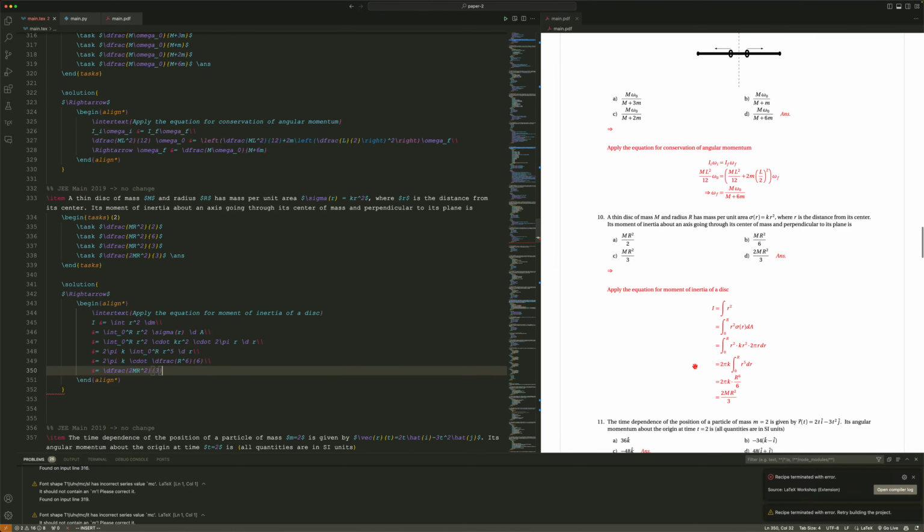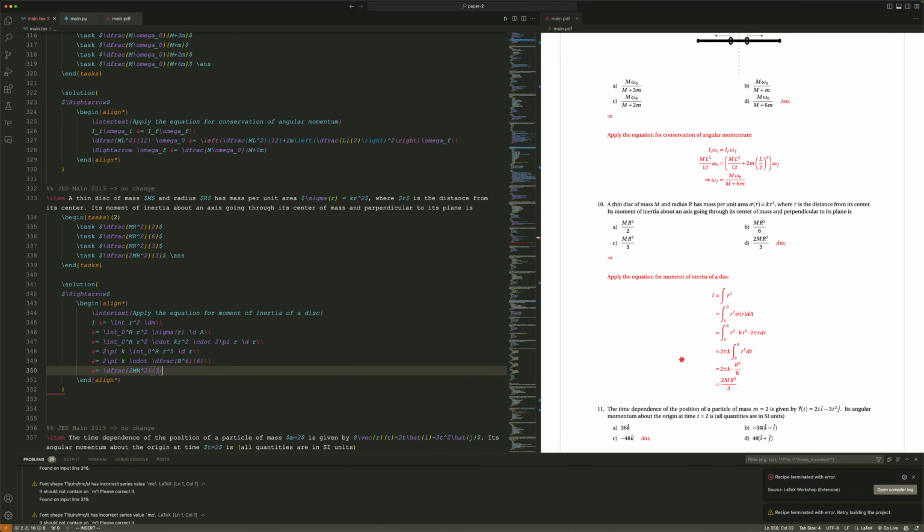So yeah, as you can see, we know the moment of inertia is r square dm. Let's put that in brackets.